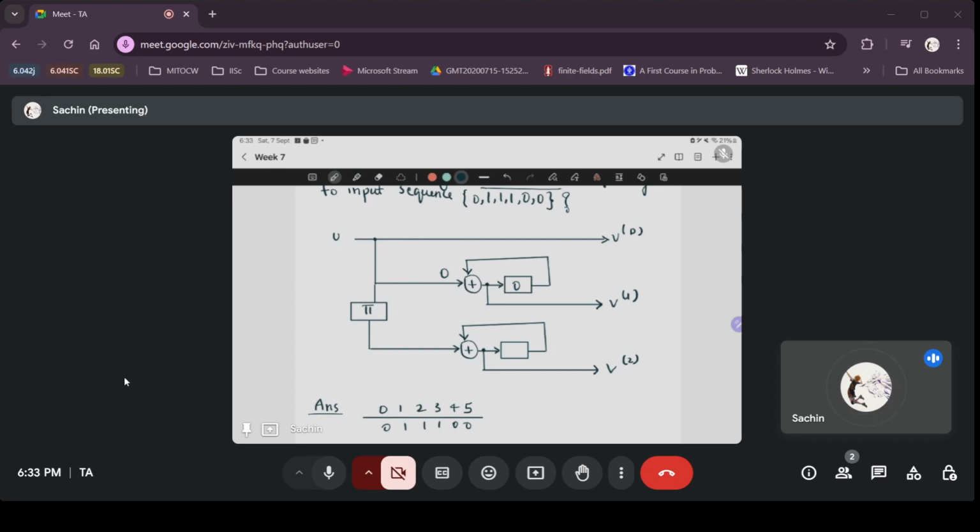So the state will change to 0. So the next state is nothing but your input added to your current state. And your output is also the input added to your current state.